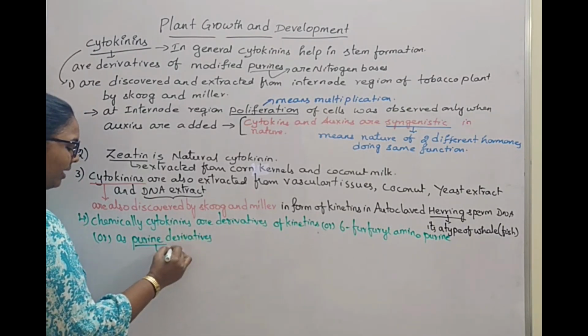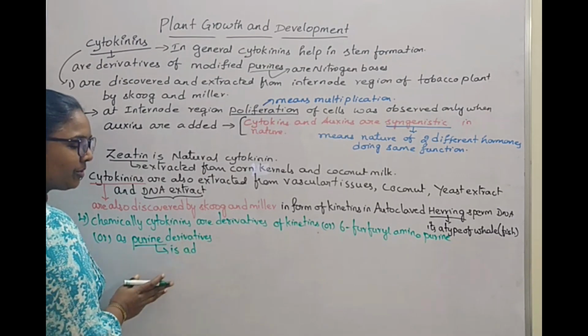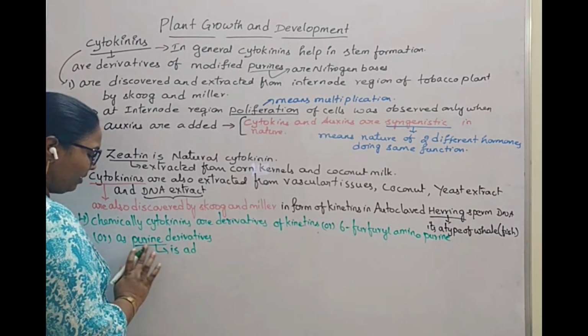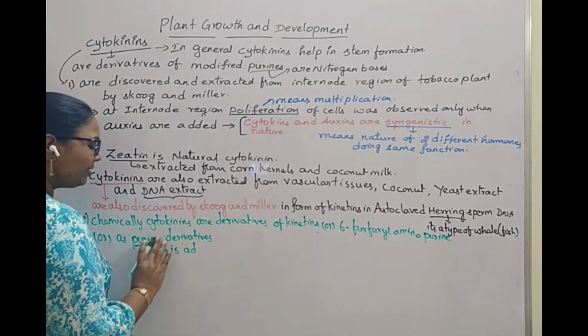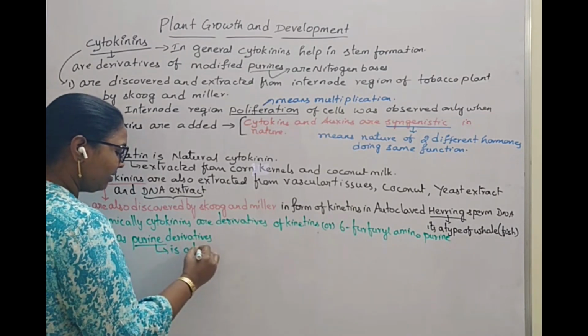This purine is adenine. We have two types of purines, adenine and guanine, but here cytokinins are modified adenine.